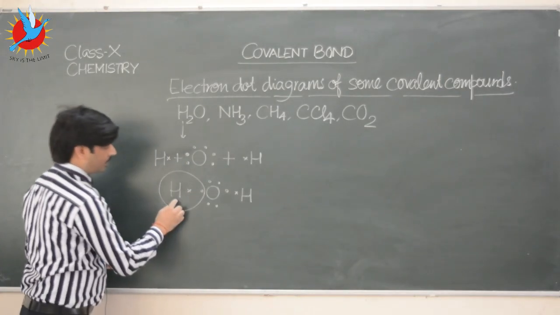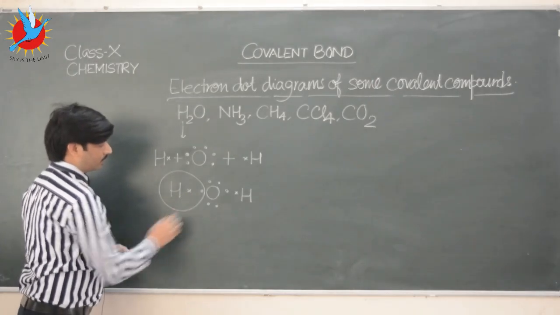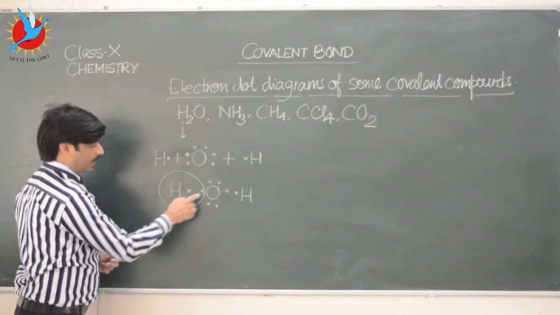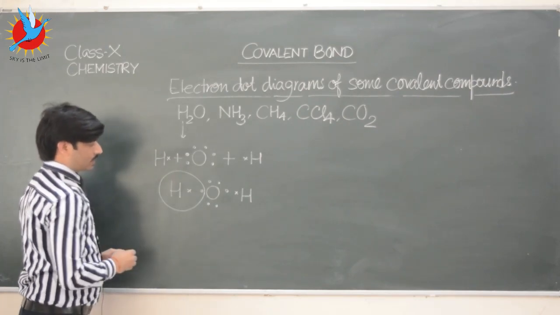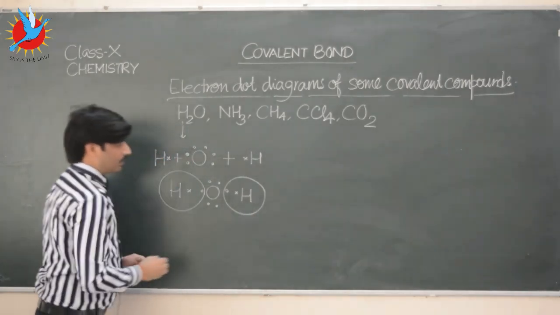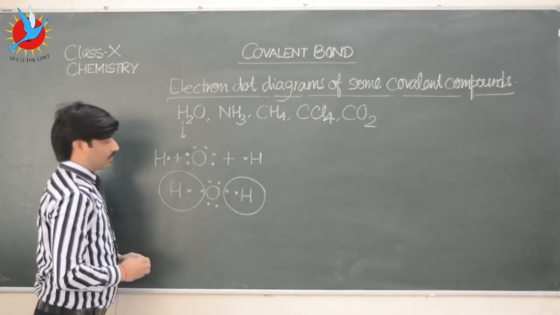So by sharing of 1 electron with this oxygen atom, the hydrogen atom will get 2 electrons in its outermost shell. At the same time, this hydrogen atom will also share 1 electron with oxygen atom.